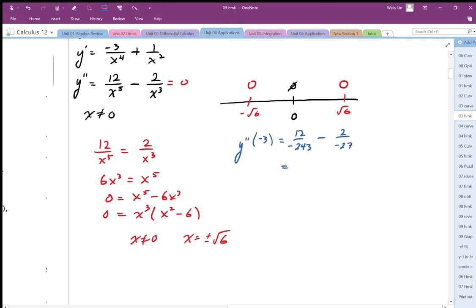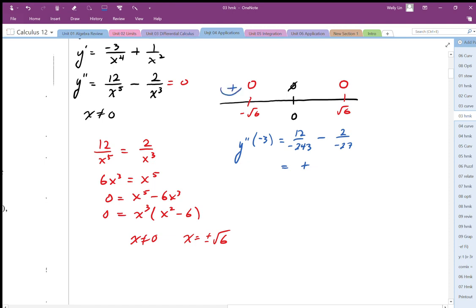So I get negative 12 divided by 243 plus 2 over 27. I end up with a positive value. Okay, so it works out to be slightly positive. It's 0.02. So I end up with a positive concavity here.